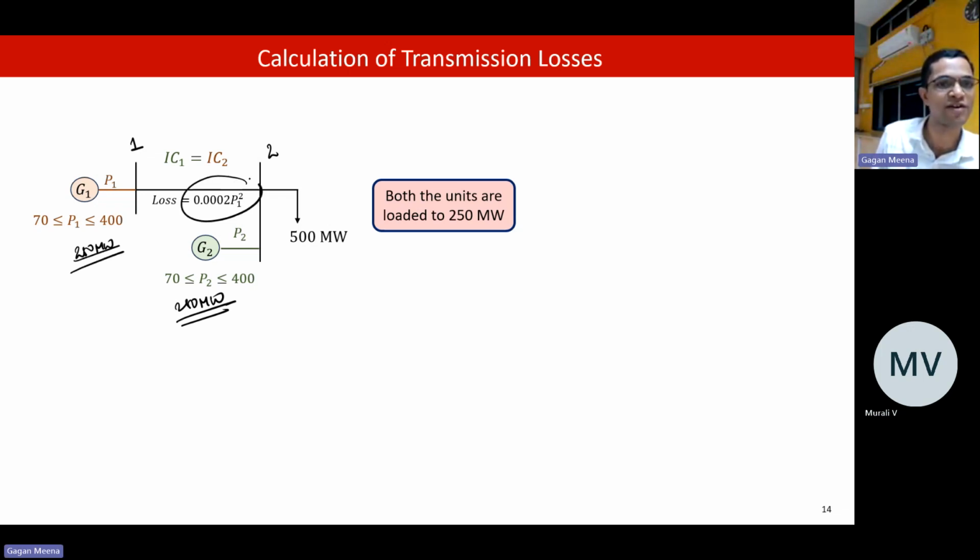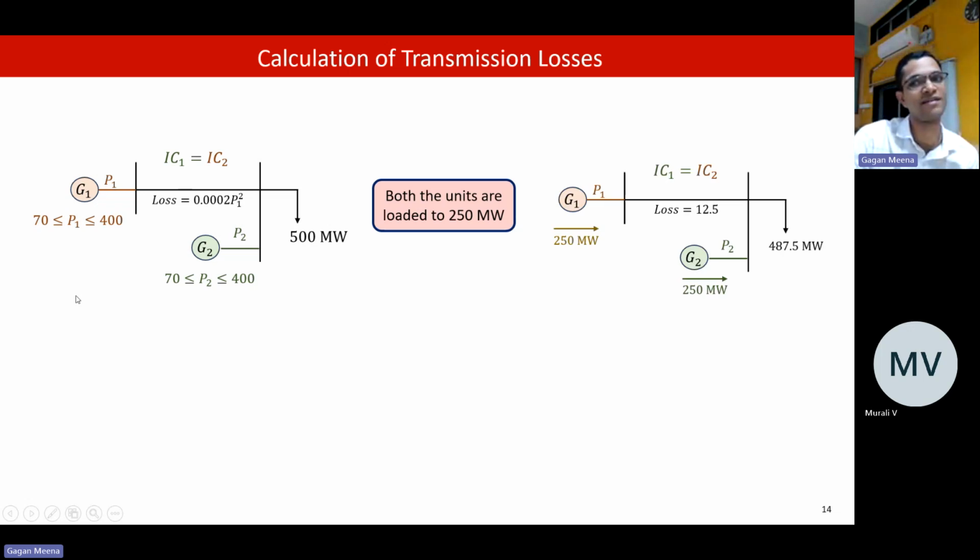Then because of this loss, there is 0.002 multiplied by 250 square. This will give you 12.5 megawatt. There will be a loss of 12.5 megawatt. Although we want to meet 500 megawatt, we are only able to meet 487.5. 12.5 megawatt is getting lost in the transmission line.